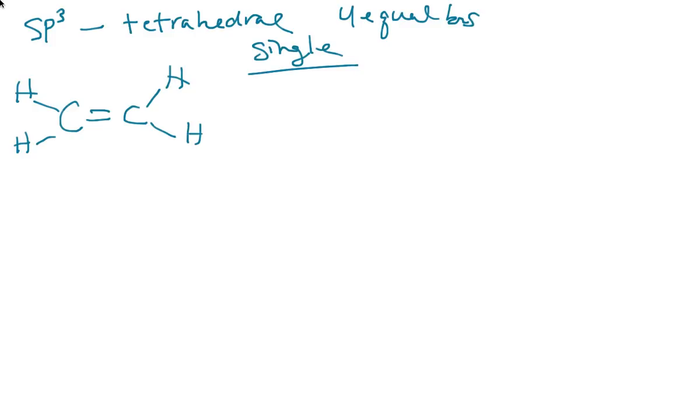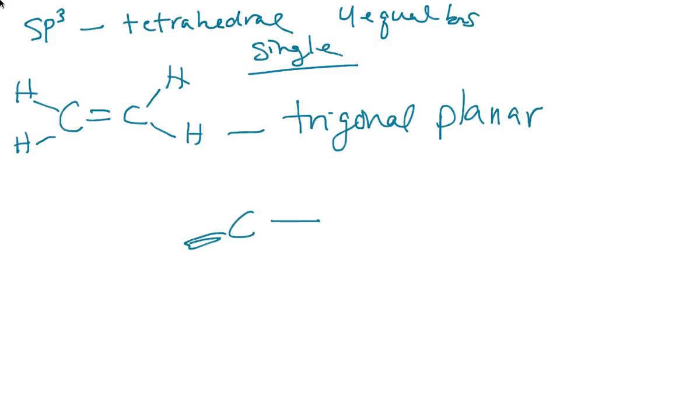And so the shape of something like this is what we would call trigonal planar. That is, there are three equal spacings in one plane. So if you look at either of those atoms, it looks like that.